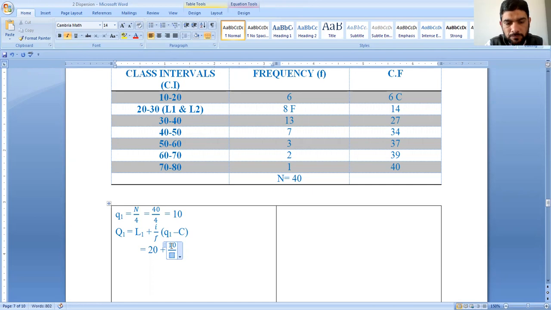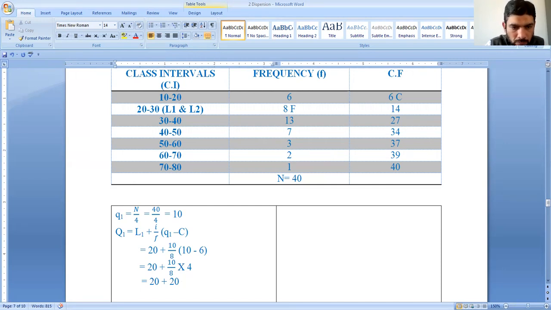Frequency is 8, multiplied by Q1 minus C, that is 10 minus 6. So 20 plus 10 upon 8 multiplied by 4. 4 divided by 8 gives 2, so it will be 20 plus 5.